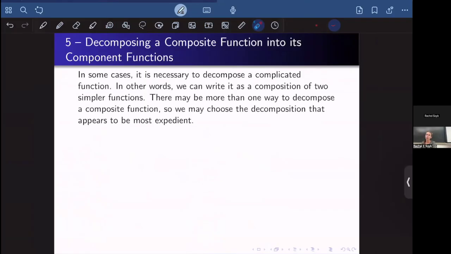So we have the freedom to do what is easiest for us and might be easy one way for me and easy another way for you, but we both have solutions to the problem. So it's kind of cool that there is more than one way or one solution when we're dealing with decomposition.